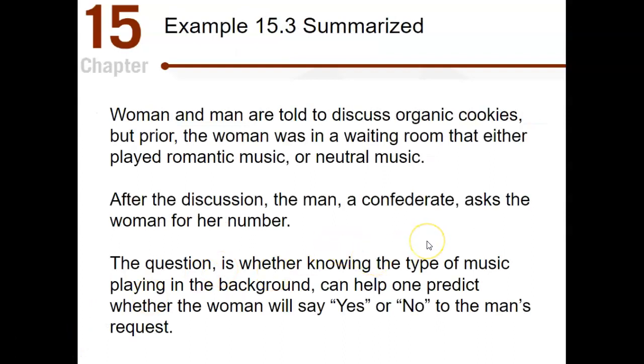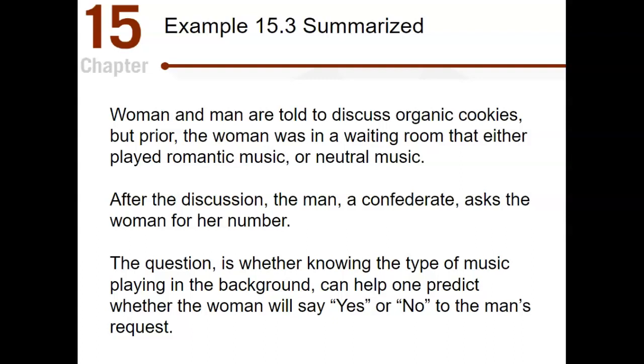This is example 15.3 from your book, and this is just summarized. Essentially, that example says that a woman and a man are told to discuss organic cookies. That's the research setup. They think that they're going to be discussing the merits of organic versus non-organic cookies.